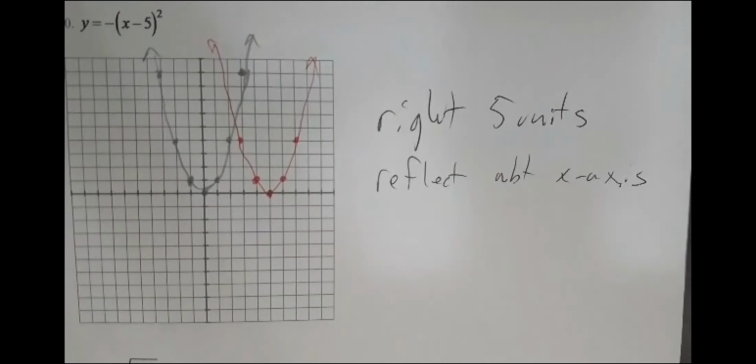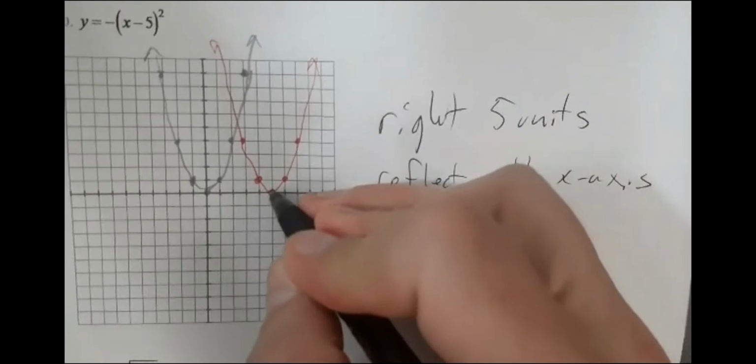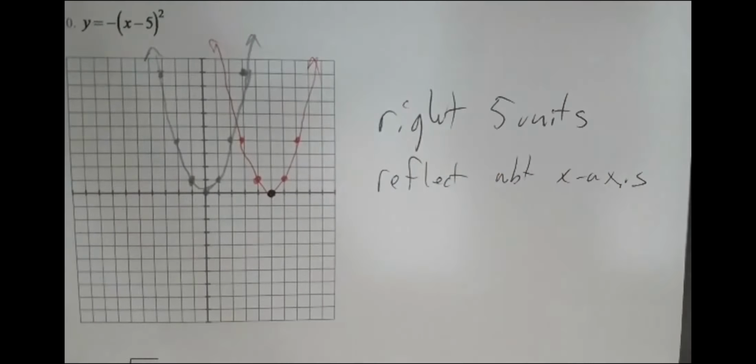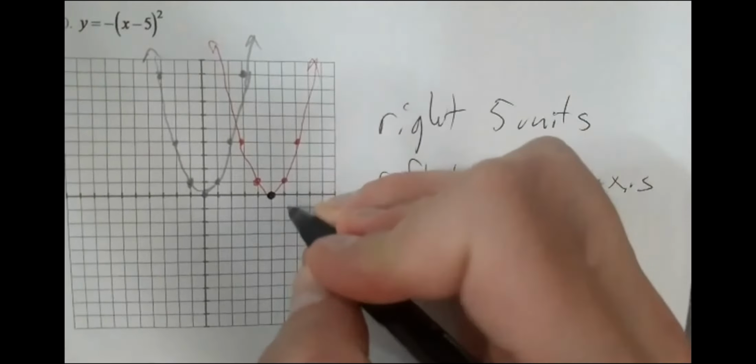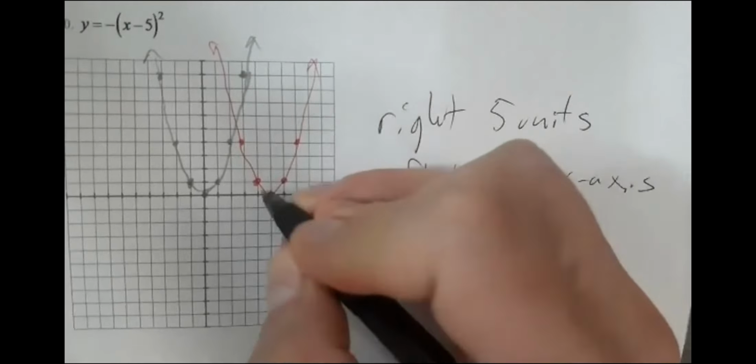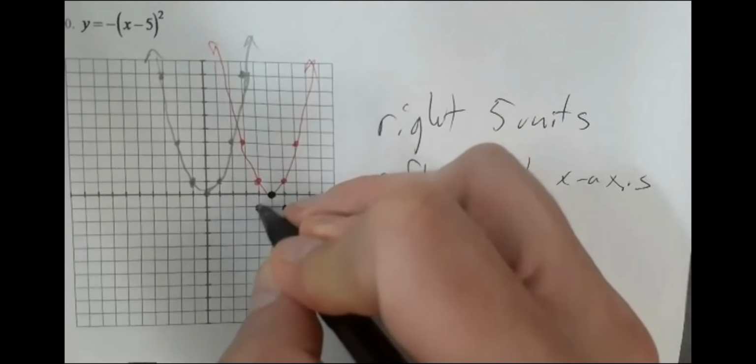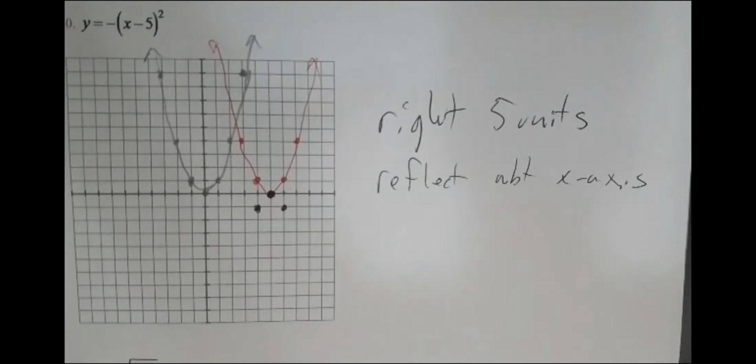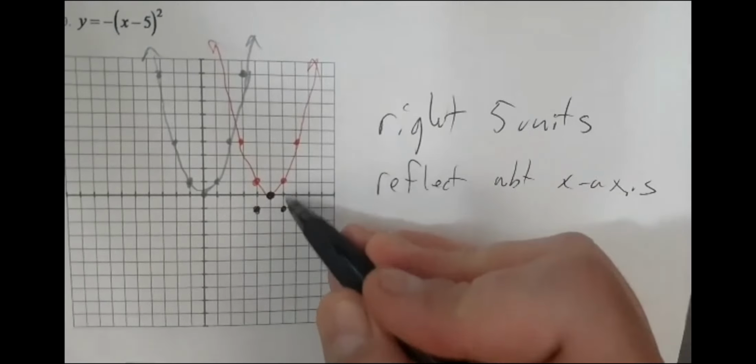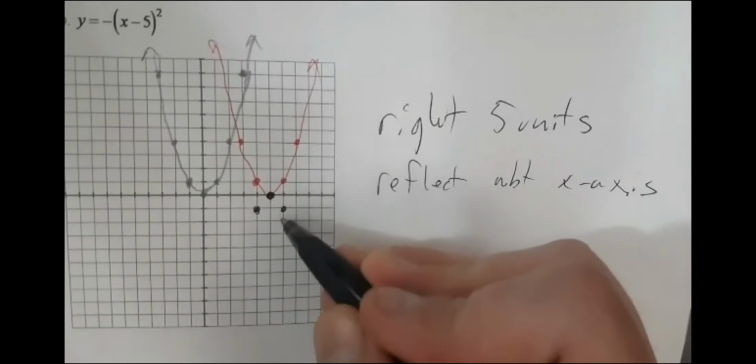And then the last thing, I'm going to draw in some pen. We want to reflect this about the x-axis. This thing, if it's on the x-axis and you reflect it about the x-axis, it stays there. But these, you're going to go 1 to the x-axis, you're going to go 1 more there. So one way to say reflect or flip is that they are equal distance from the thing that you flipped it about.